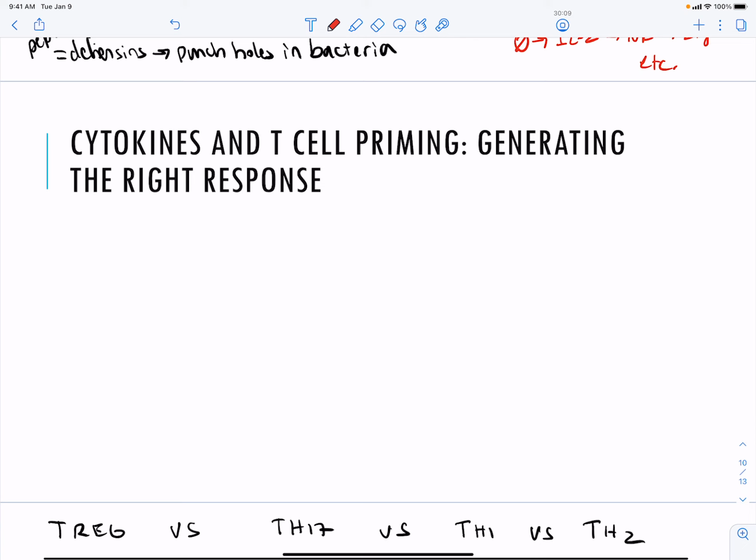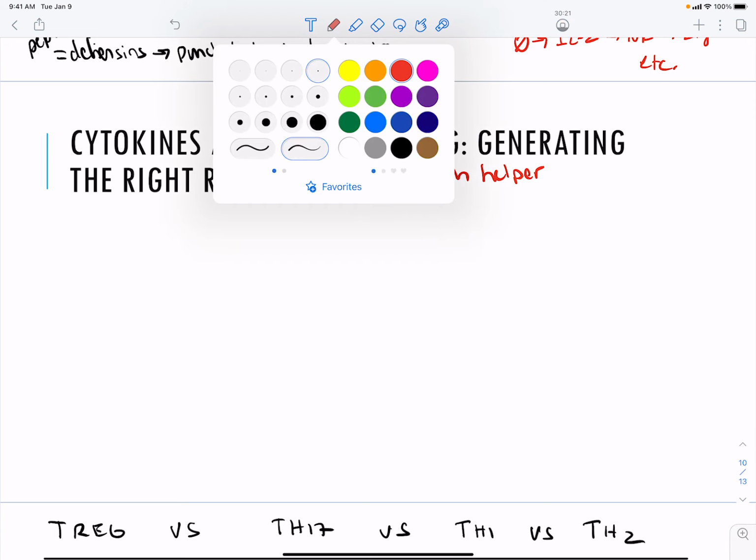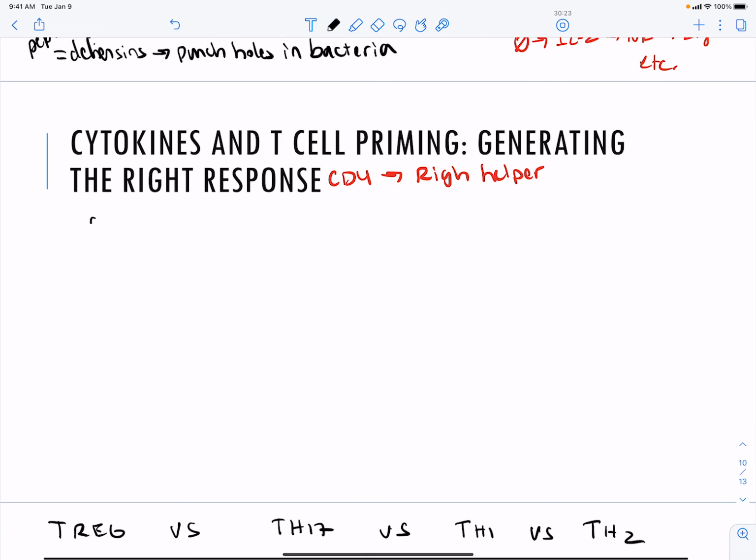Okay, so cytokines are what are going to generate the right response via your CD4 becoming the right helper, because that right helper is really what's going to drive. And so this all is going to occur in the T cell zone of the secondary lymphoid tissue.